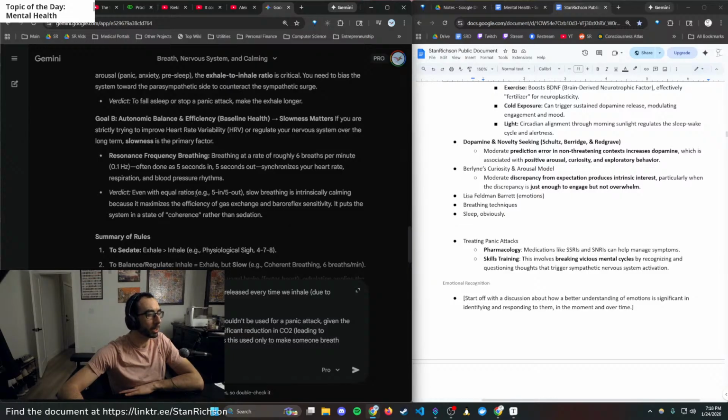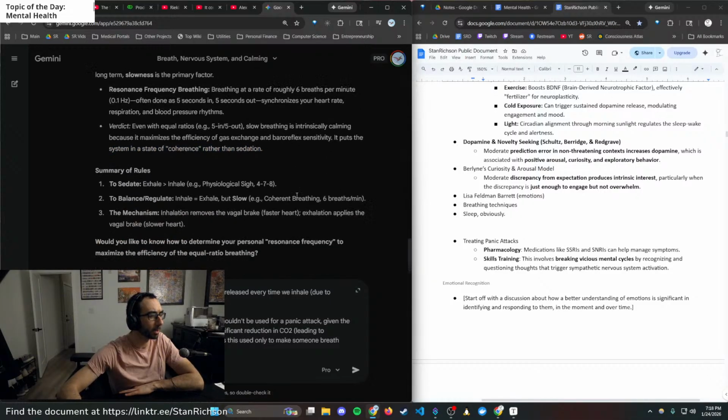Even with equal ratios, slow breathing is intrinsically calming because it maximizes the efficiency of gas exchange and baroreflex sensitivity. Okay, that makes sense. We're getting everything in sync. That's going to lead to calmness over time. It puts the system in a state of coherence rather than sedation.